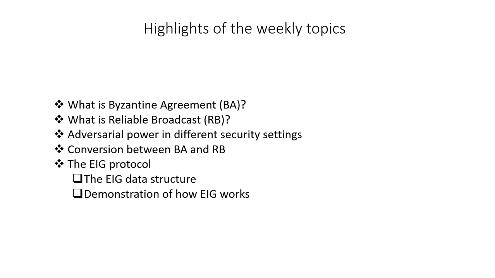So starting with Byzantine agreement, then reliable broadcast and various adversarial power in different security settings, conversion between Byzantine agreement and reliable broadcast, and then comes the main interesting topic of perfectly secure Byzantine protocol, which is the EIG protocol, exponential information gathering protocol. So we will see the EIG data structure and the demonstration of how EIG works. Okay, so let us get started.